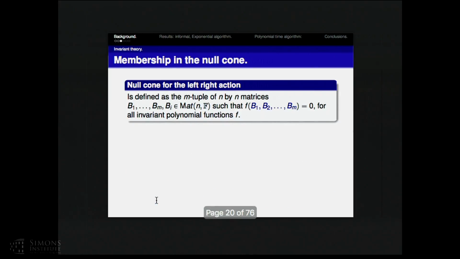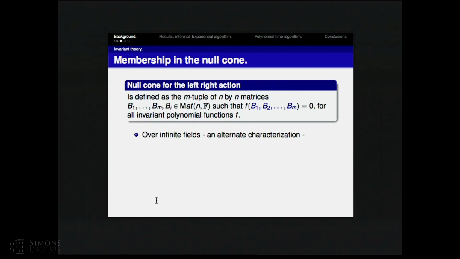Now, what is the null cone, which is part of the title? If I give you an invariant ring and a tuple of matrices of the same size, we say b1, b2, ..., bm is in the null cone if every invariant polynomial function vanishes on this tuple.